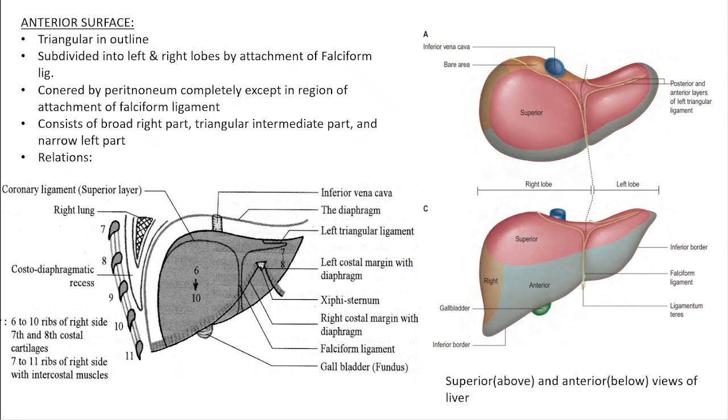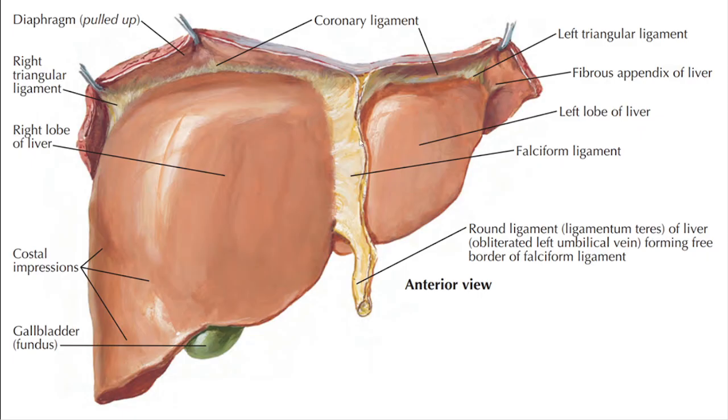Coming back to the anterior surface, we have talked about the broad and the narrow parts as well. Okay. So this is the ligamentum teres. Here it has been cut off from its attachment to the anterior abdominal wall, that is, its convex attached border has been cut. Its concave attached part, which is attached to the anterior and superior surfaces of the liver, is shown, and its lower free border containing the ligamentum teres is also shown.